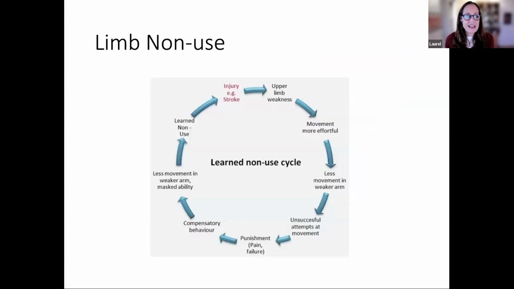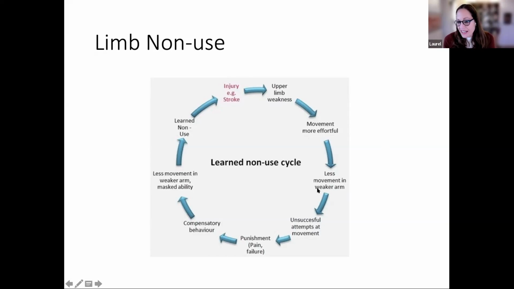And now let's dig into the concept of limb non-use. Limb non-use has been taught and thought about in terms of a learning model. The idea here is that after an injury or stroke, there's weakness in one of the upper limbs, in this case one of the arms, which makes movement more effortful.